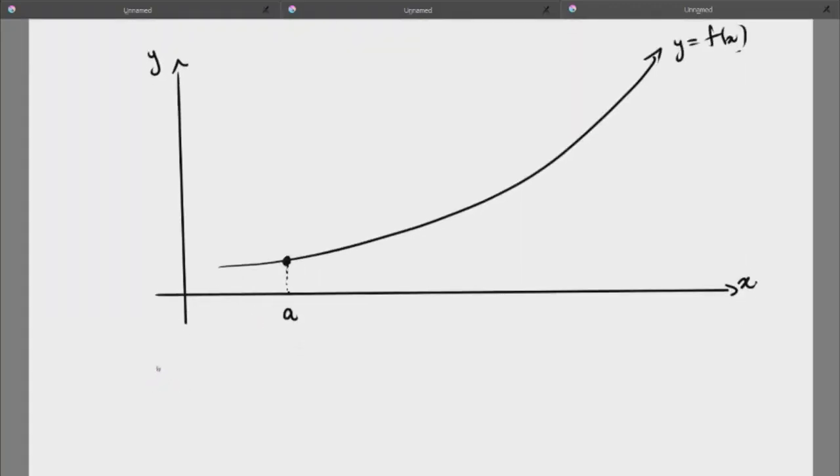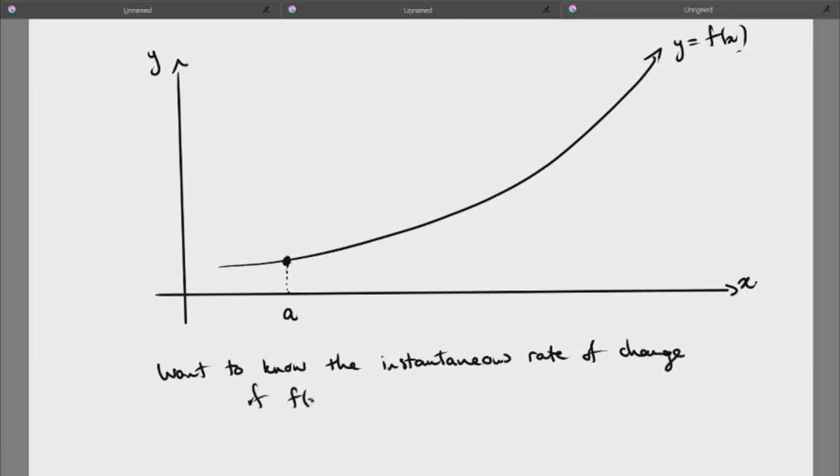So I want to know or find the instantaneous rate of change of my function at x equals a. That's the question. And I don't know how to do that. But it turns out to be a very important question that needs figuring out.